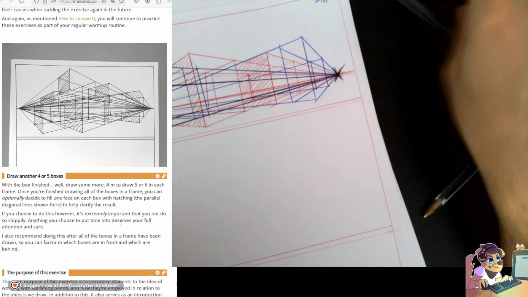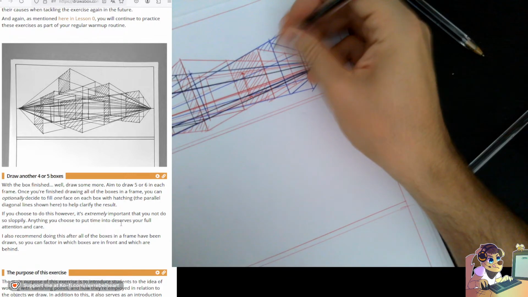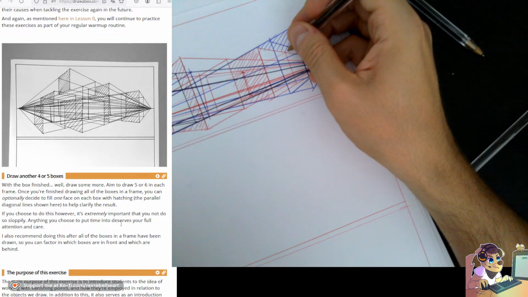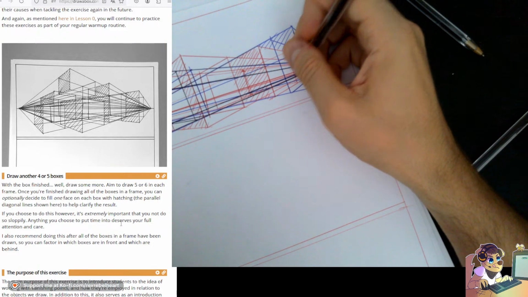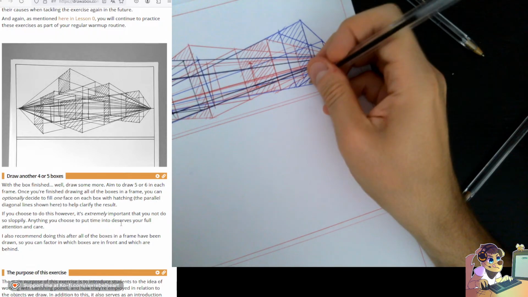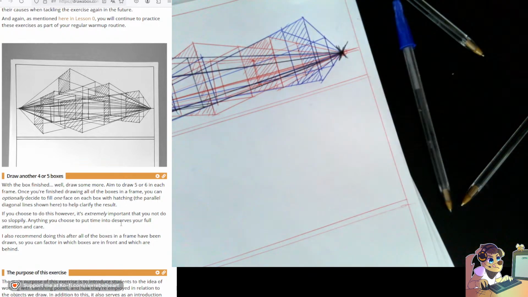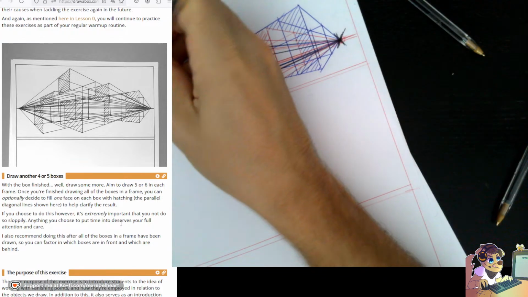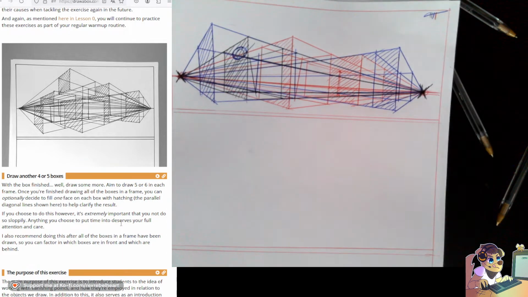And then this blue box here, just some of it. Something like that. But that black one there, I should never have done that. But that's kind of okay.